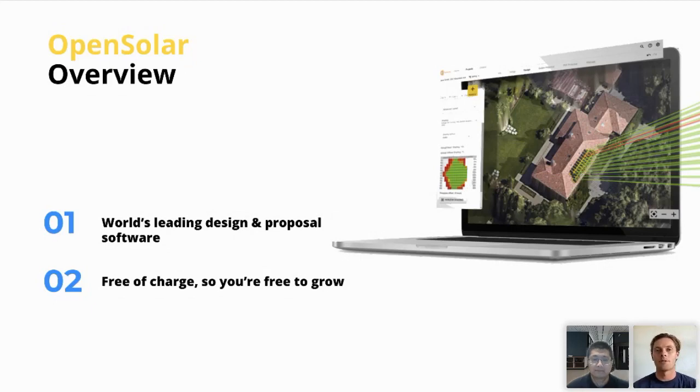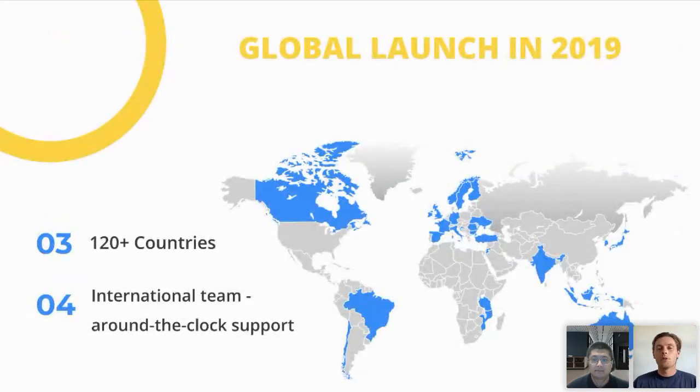So you guys are free to grow your solar business. We had a global launch in 2019, and since then we've expanded across 120 countries, seeing installs all over the world, and we've developed an international team that can provide around-the-clock support to you guys.